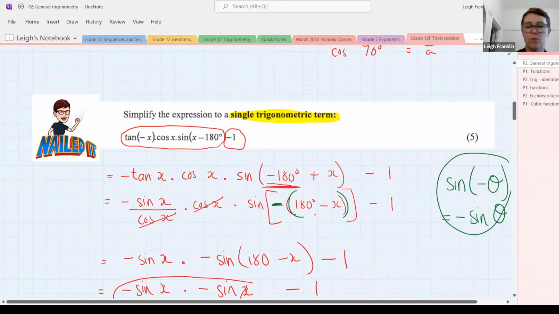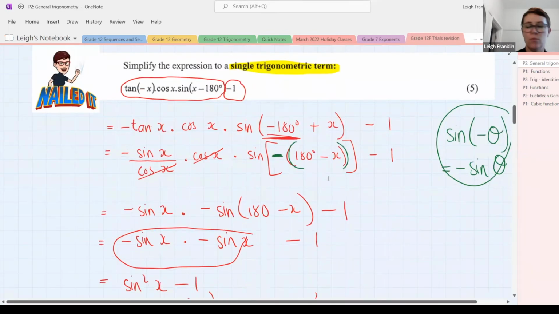Yes, ma'am. And then it gives me sine 180 plus x. Yes, so that would still reduce to negative sine x. That's okay. You can do that. That's one way you can do it.